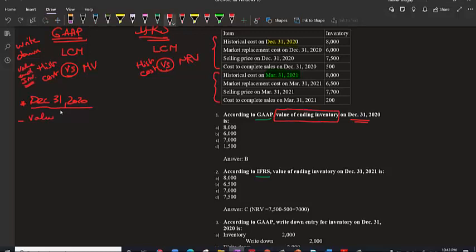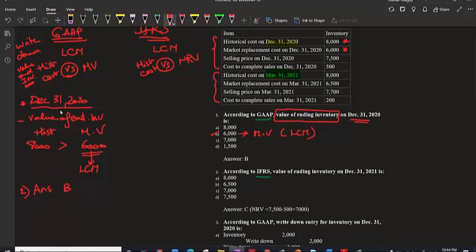The historical cost at December 31 is 8,000, and the market value is 6,000. So market value is lower, so we're going to choose market value, the LCM. So question number 1, the answer is B, the 6,000. You're choosing market value because you applied the LCM. It is lower than historical cost.